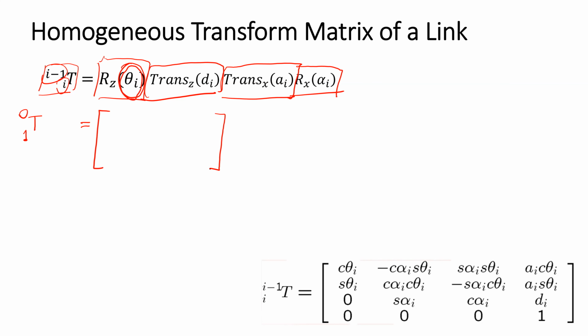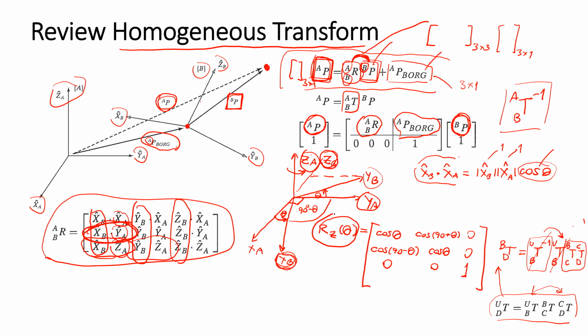If we rotate about the z-axis with the angle theta, the rotational matrix will be cosine theta. Cosine of 90 plus theta will be minus sine theta, and cosine of 90 minus theta will be sine theta. Okay, these are the same.